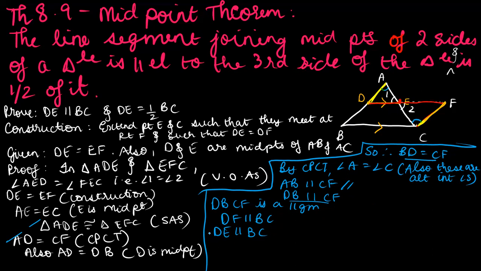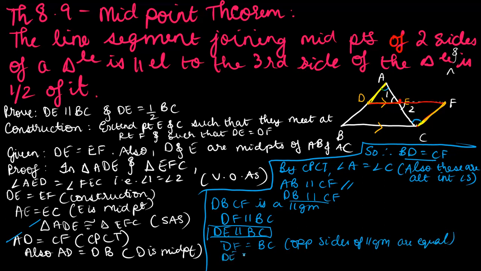If DF is parallel to BC, then half of DF, that is DE, will also be parallel to BC. Also, I can say that DF is equal to BC, because opposite sides of a parallelogram are equal.